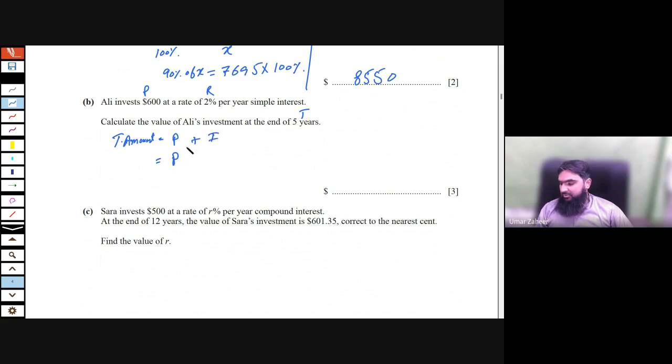The principal amount is simply 600. For the interest amount, we use the formula PRT divided by 100, because we know the simple interest is PRT divided by 100. So 600 plus 600 multiplied by 2 multiplied by T divided by 100.